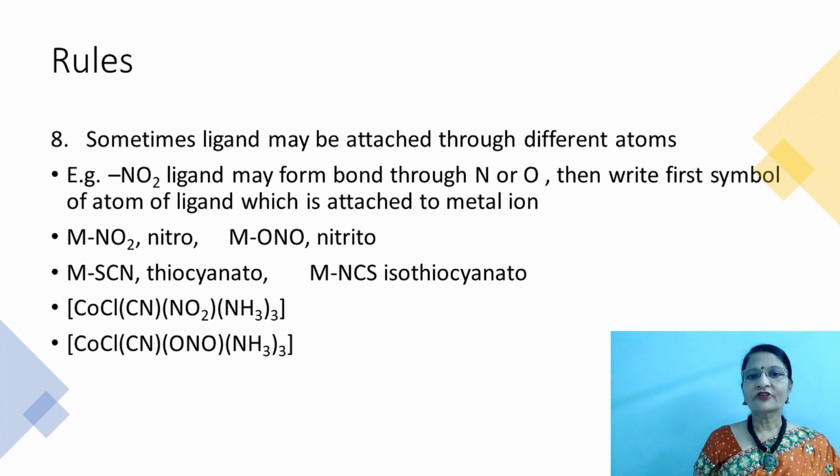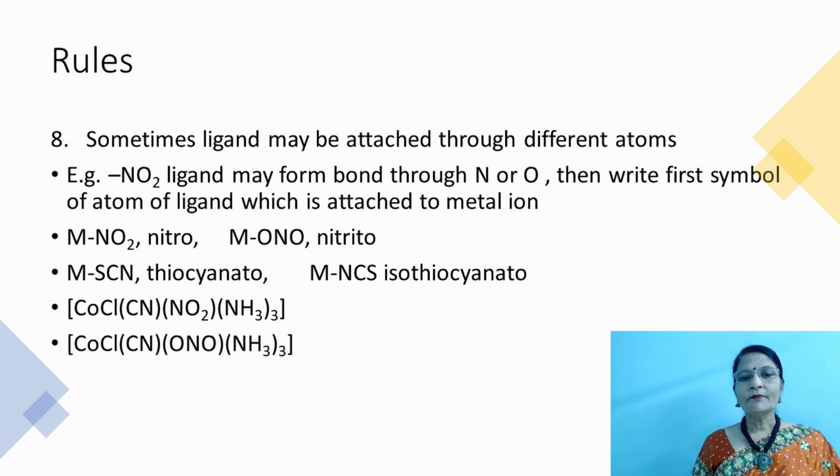It is called thiocyanate when it is attached through S, and in some cases it may attach through another atom of the same ligand, that is N. So it is written as NCS, and it is called isothiocyanate. It gives an idea about the atom which is attached to the central metal atom.